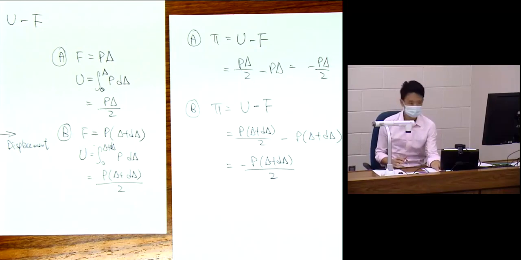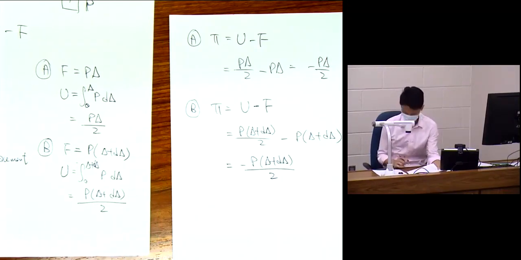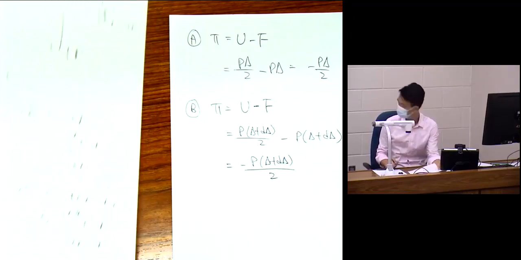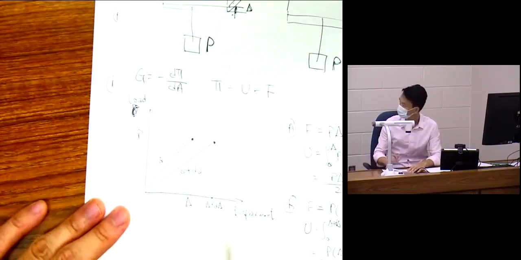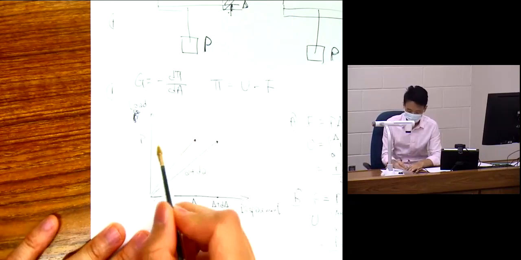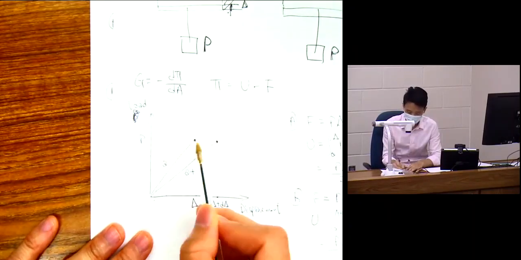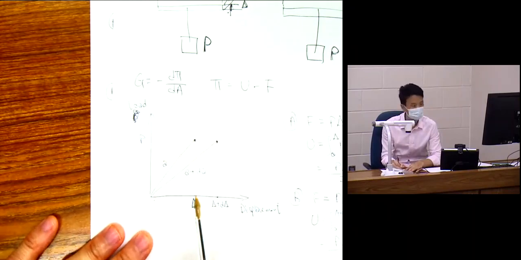So one way to visualize what is happening graphically is to look at this plot. If we look at configuration A, this is the work done, right? That rectangle is the work done.